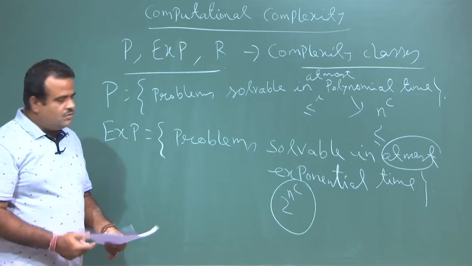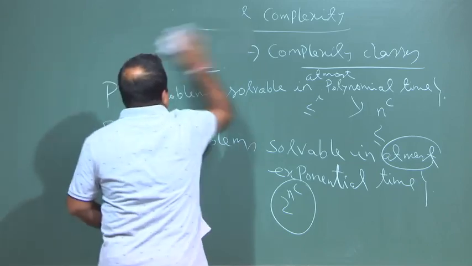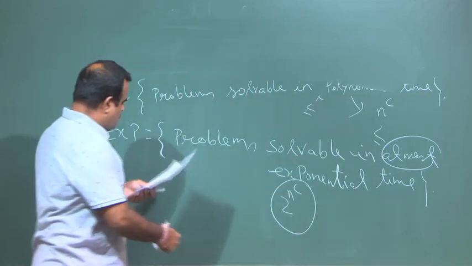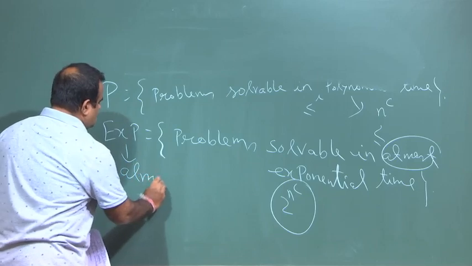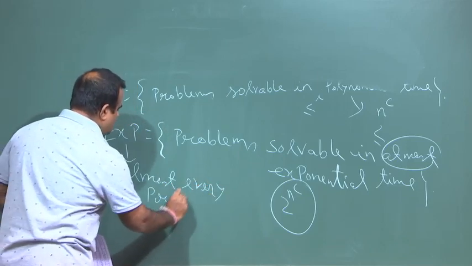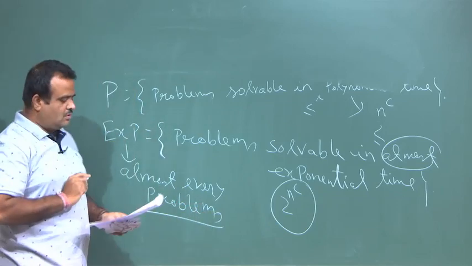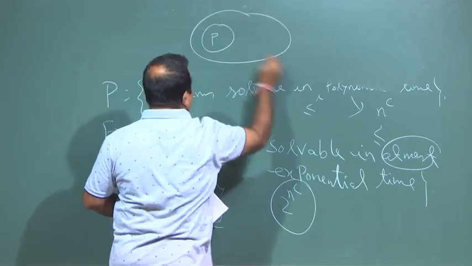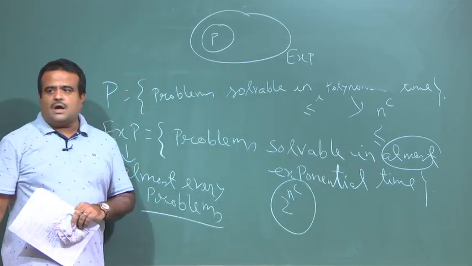If we want to draw a picture, almost every problem is in this class. Here this is P and this is EXP, the exponential time algorithms. What do we want?